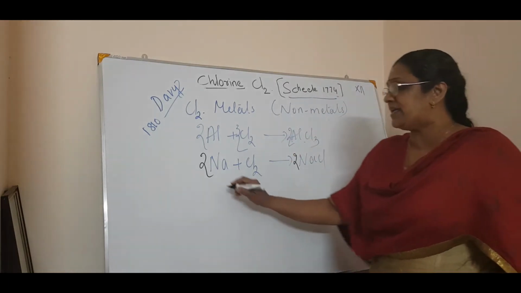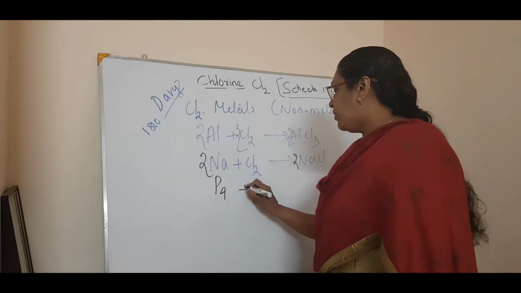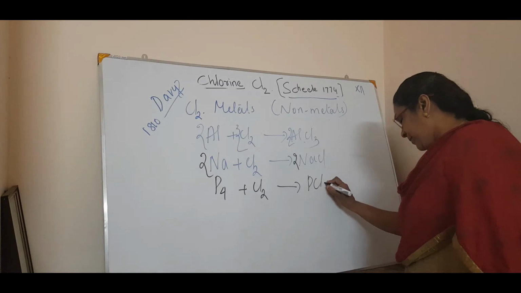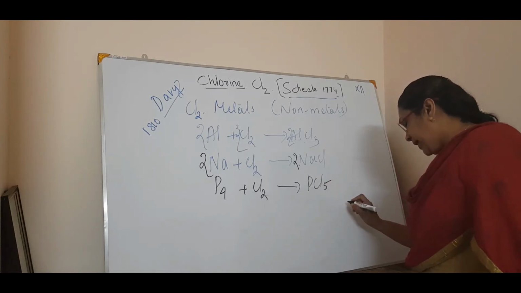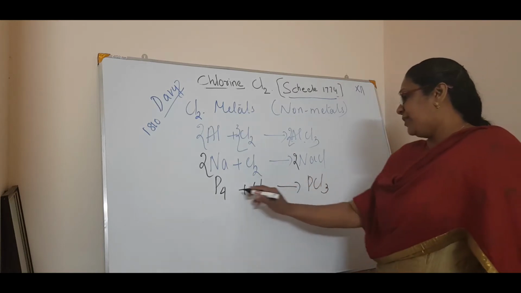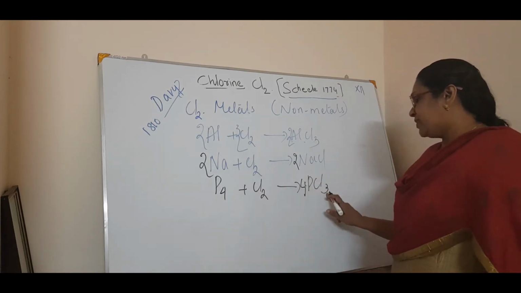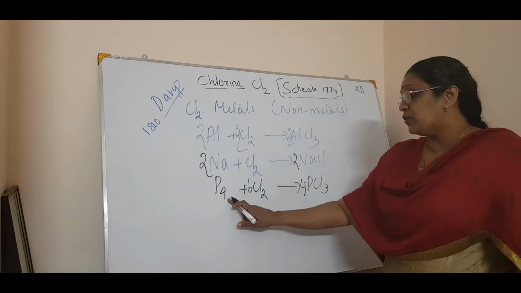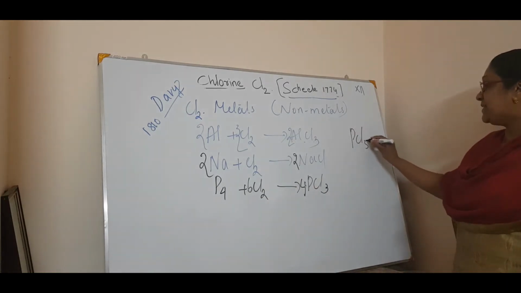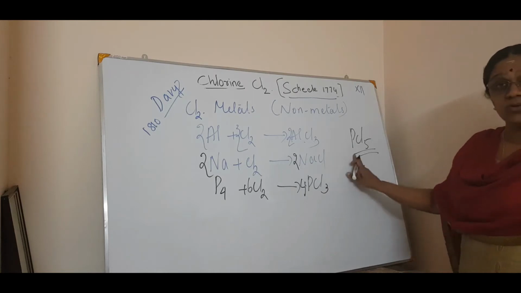Coming to non-metals, for example, P4 plus chlorine will give you PCl5 or PCl3. If it is P4, then 4 3s are 12, so 6 chlorine. Both compounds PCl5 and PCl3 are there.